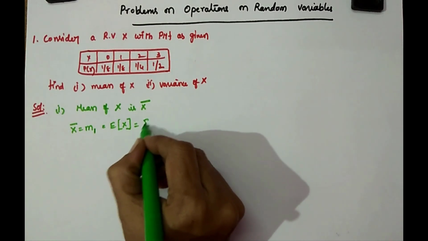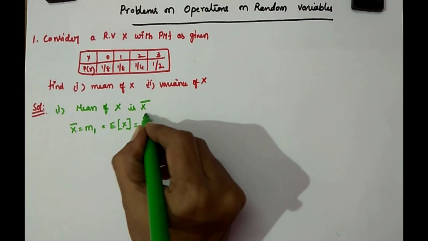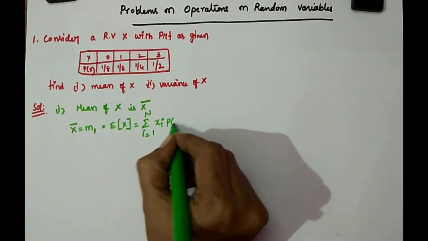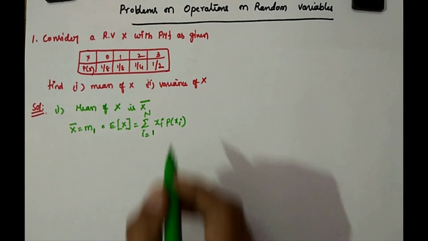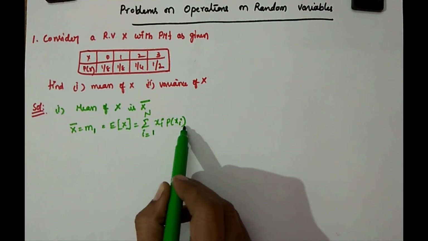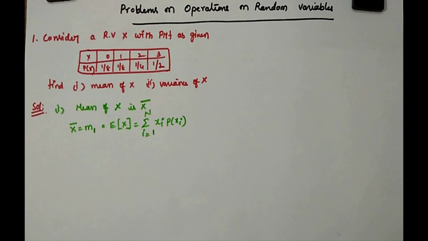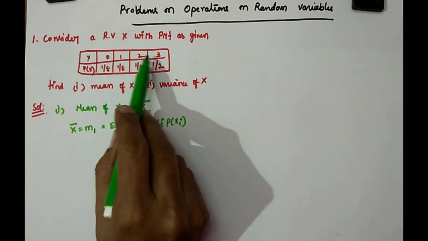So what is E of x formula? Sigma i is from 1 to n, xi into p of xi. That is the formula. Here xi's are values of the random variable and p of xi are the probabilities of those random values. Okay. So here how many random variables are given?